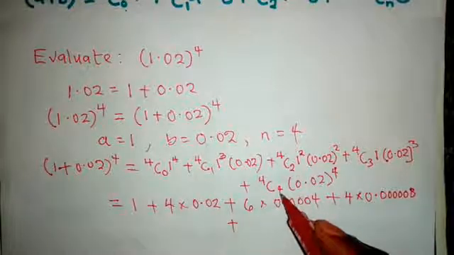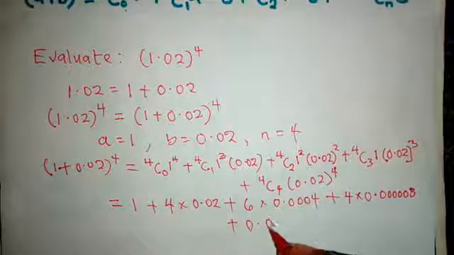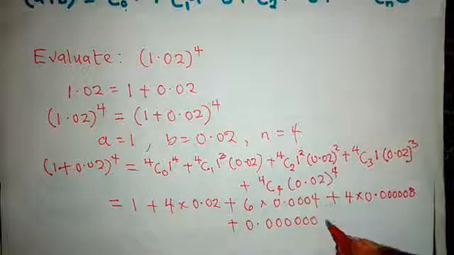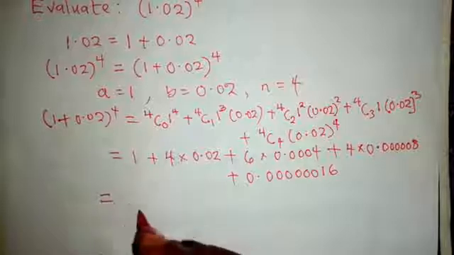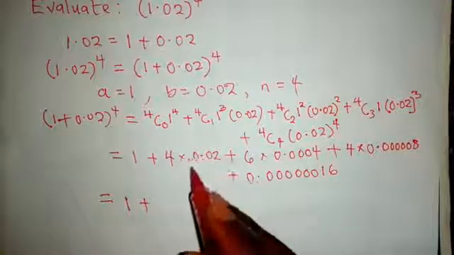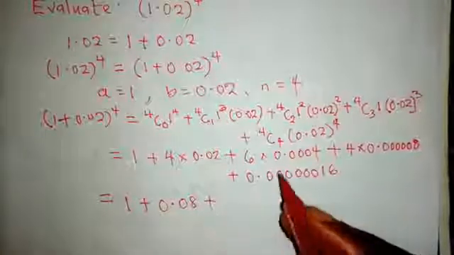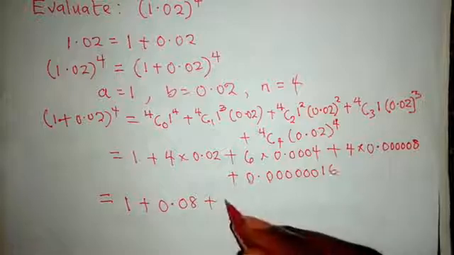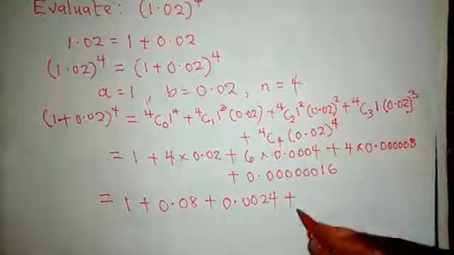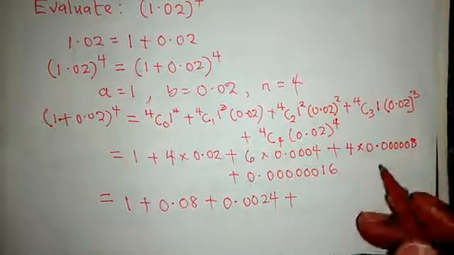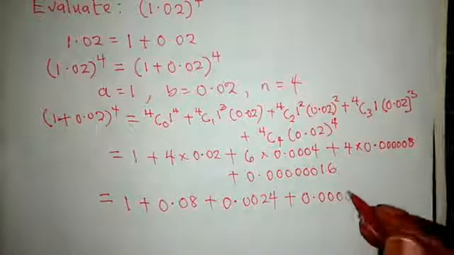Plus 4 choose 4 is 1. Then 0.02 to the power of 4 gives us 0.00000016. And so let's work this out. This gives us 1 here, plus 4 times 0.02 gives 0.08, plus 6 times this gives us 0.0024, plus 4 times this gives us 0.000032.